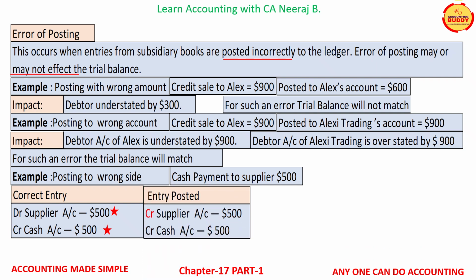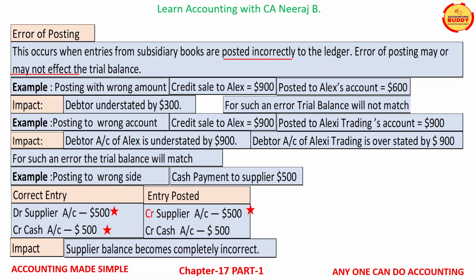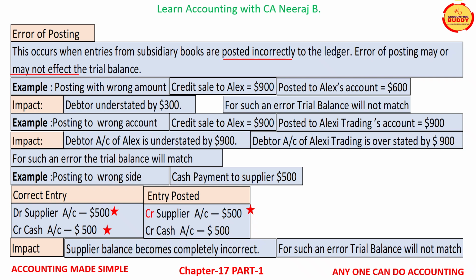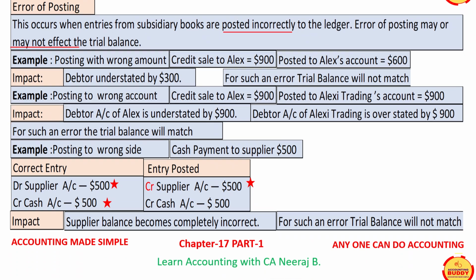However, when the entry is posted, it is posted to the credit side of the supplier account by $500. In this case, the supplier account is correct. However, the entry is posted to the wrong side of the supplier account. The impact of this error is that the supplier account will show an incorrect balance. For such an error, the trial balance will not match.